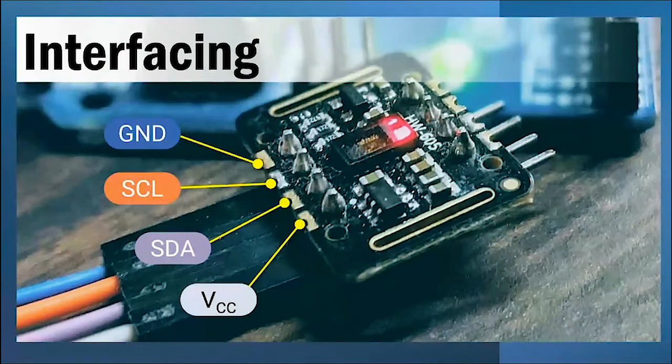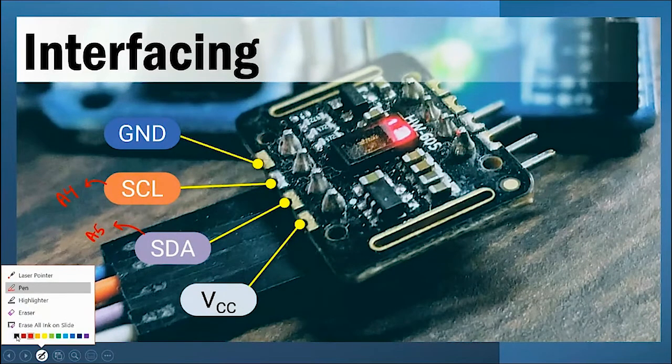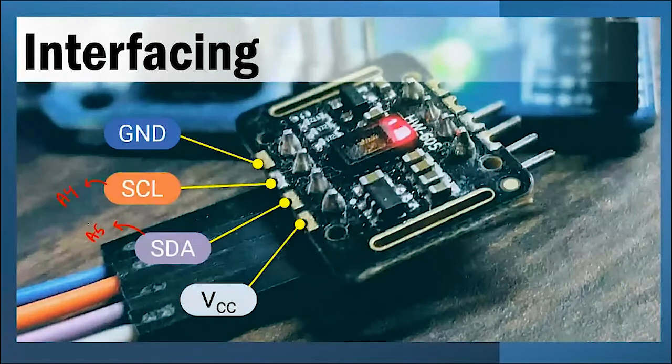So the SCL is the clock which is normally sent to, I think, the analog pin A4, and this is probably A5, right? So these are all mapped out in the manual. Either it could be A5, A4 or A4, A5. I don't remember this right now.